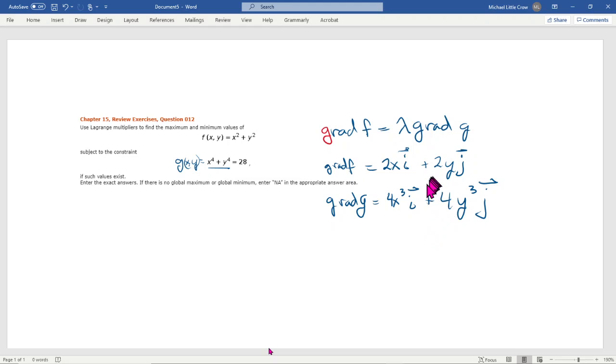So those are our two, so we can set them equal to each other with the Lagrange multiplier. So we get 2x i plus 2y j equals some multiplier times 4x to the third i plus 4y to the third j.